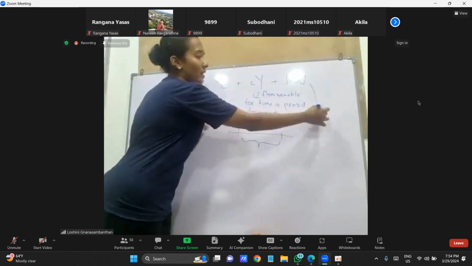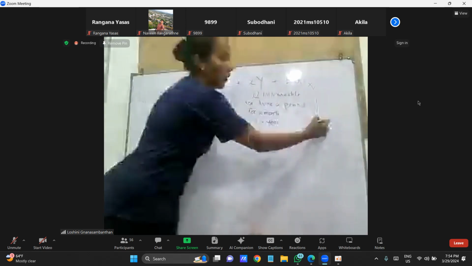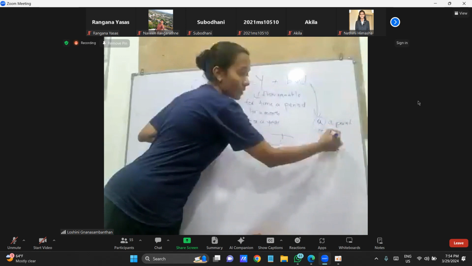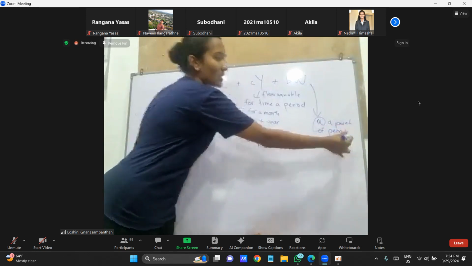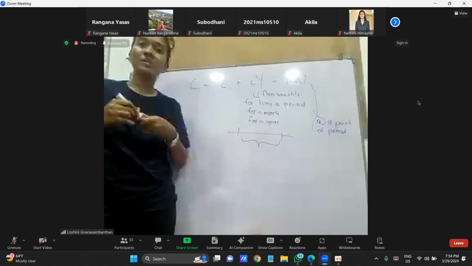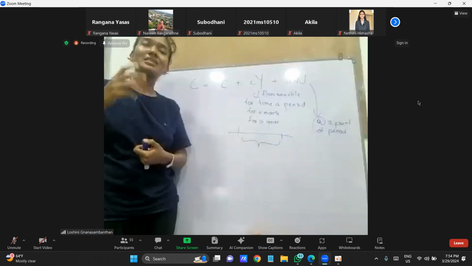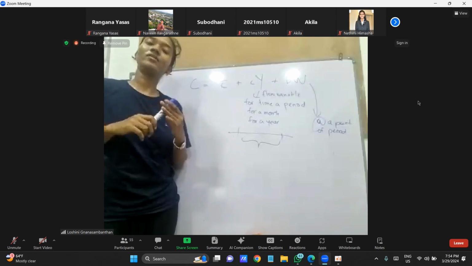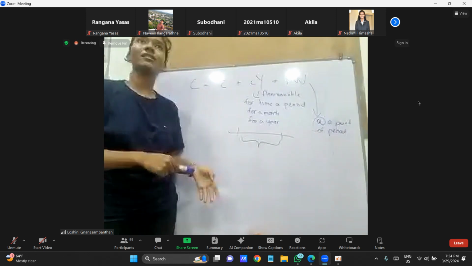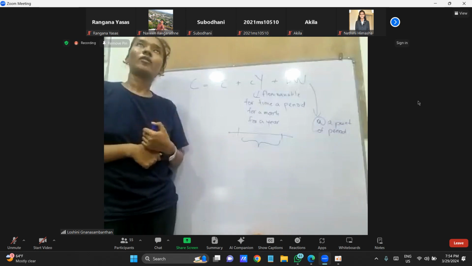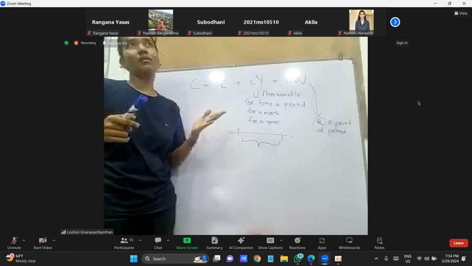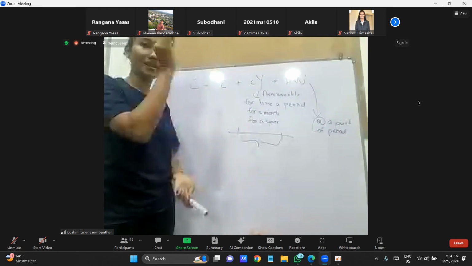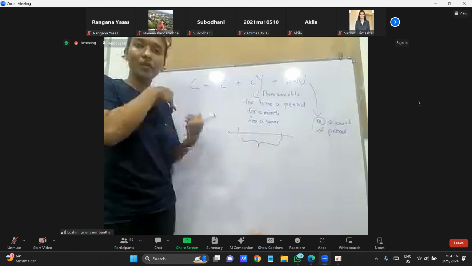Wealth is measured at a point in time. It's like your statement of financial position, where you do assets and liabilities as of the date. But income and expenses, in the statement of profit and loss, you measure the incomes related to a particular year, not at a particular time but for a period.